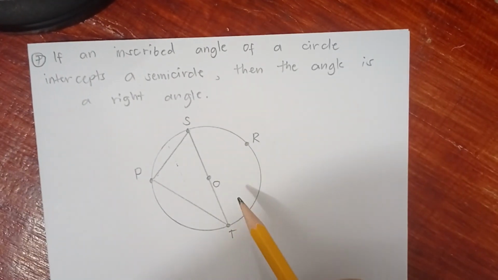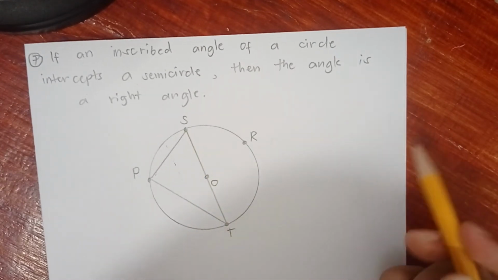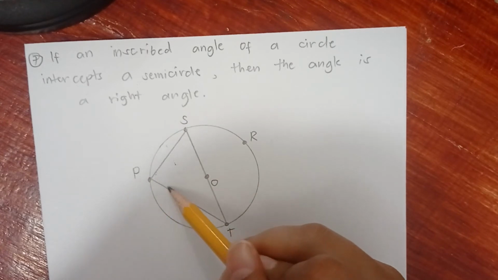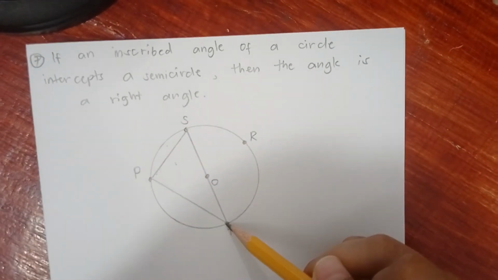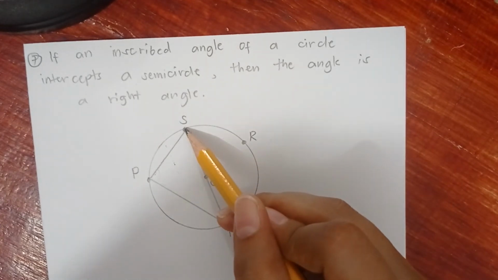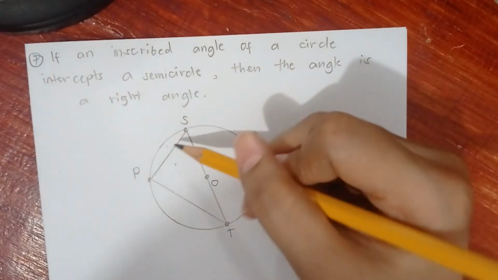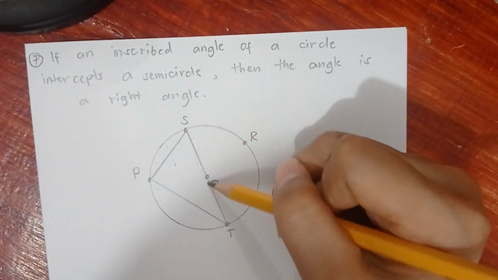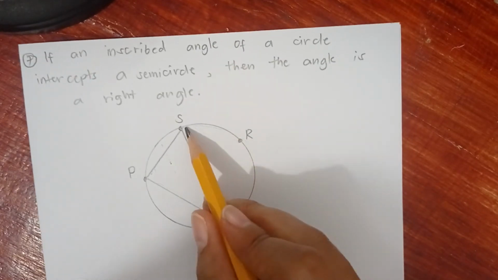So, ini-intercept niya daw ang arc SRT. Paano niya na-intercept? Diba ito yung angle mo? Asan yung dalawang dulo mo or dalawang endpoints mo? Nandito. So, ngayon, yung na-intercept niya na arc is a semicircle. Diba? This is a diameter. So, ang na-intercept niyang arc is a semicircle.